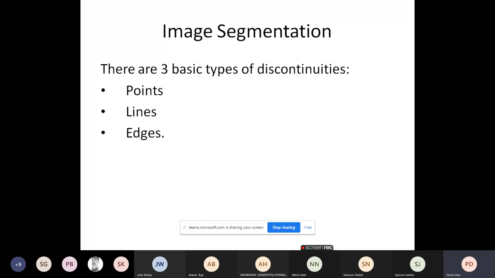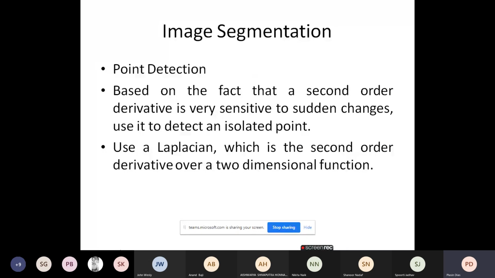No? Okay, we'll see now how to deal with point detection. Though I have not represented any derivative mathematical representation, when we consider point detection, we are talking about second order derivative.